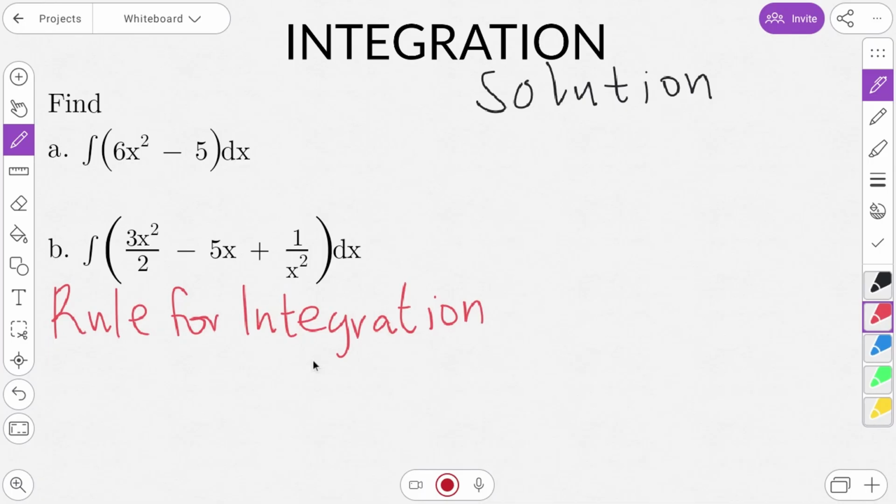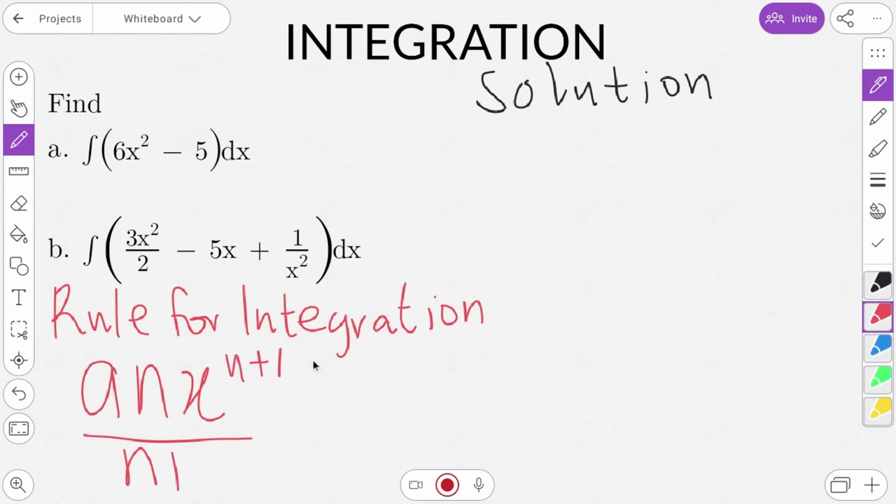It states that when there is a number with a variable raised to an exponent, you integrate it by adding 1 to the exponent and dividing it by the result of the exponent. So if you don't understand it, wait till I solve it and you get to understand what I'm trying to talk about. So let's rewrite the question.